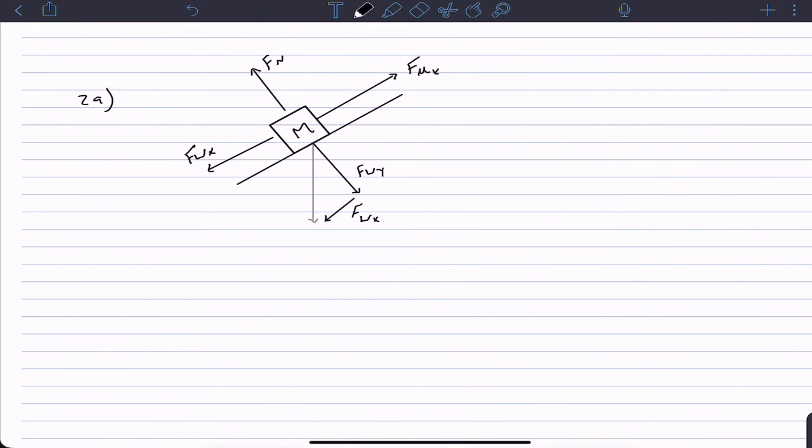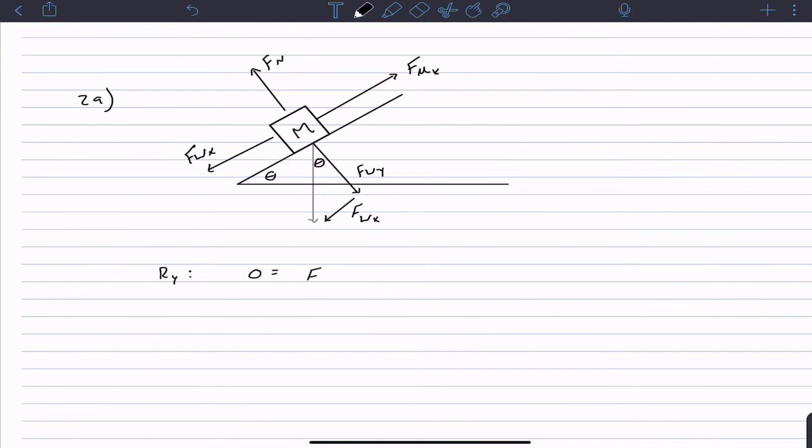let's recall that the normal force is going to equal the weight force in the y direction, right? So here's our theta. Okay, and this is F sub y, the y component of the weight force. This is the normal force. This thing is not jumping off of the hill or breaking through the ground, so that means that the y component of the resultant is going to be 0.